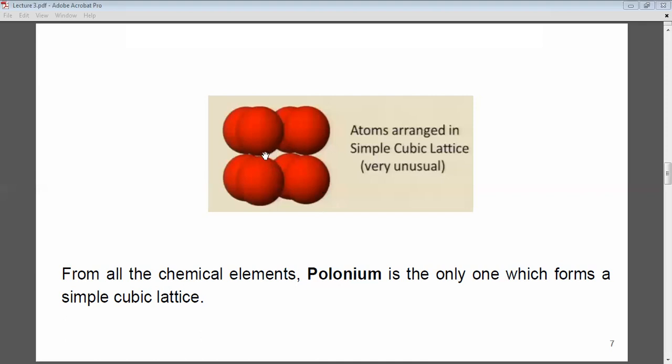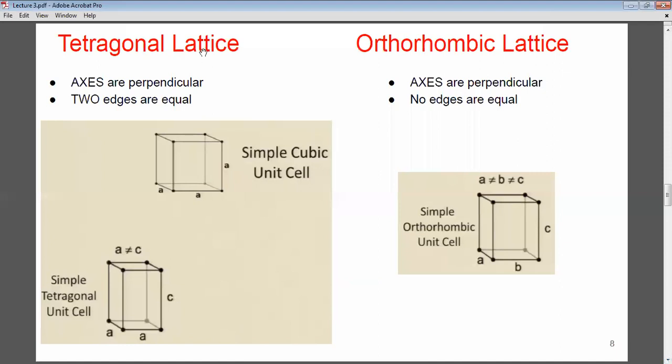So this is why the simple cubic lattice is very, very unusual among pure elements. Now, there are some variants on the simple cubic lattice that we need to know. We have the tetragonal lattice.